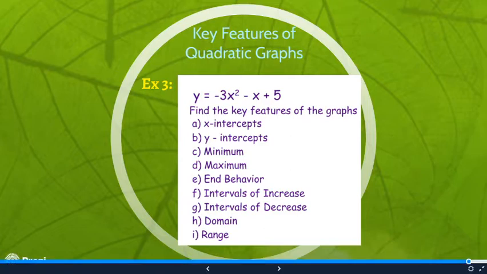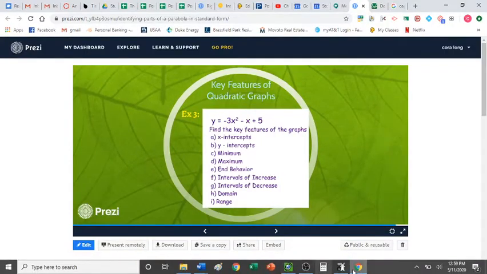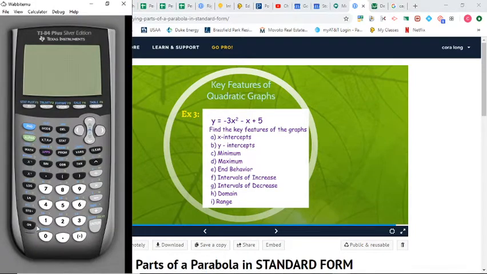Okay, well I'm going to get started. So let's get this thing graphed. Okay, so I'm graphing, which means I need to go to y equals. If you have anything there, you clear it out. All right, so again, if you have a negative leading coefficient, you use the negative button, which I do. So negative 3x squared.